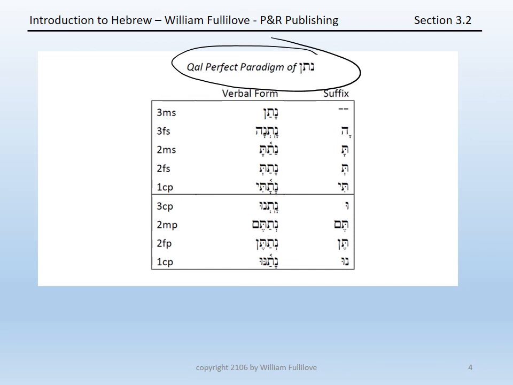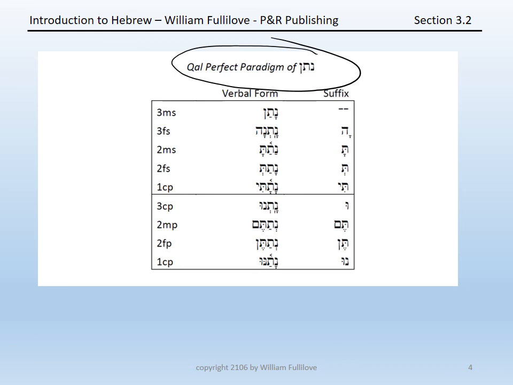The Hebrew verb natan, typically glossed as to give, therefore has the following paradigm: natan, natana, natata, natat, natati, natanu, nitatem, nitaten, natanu.